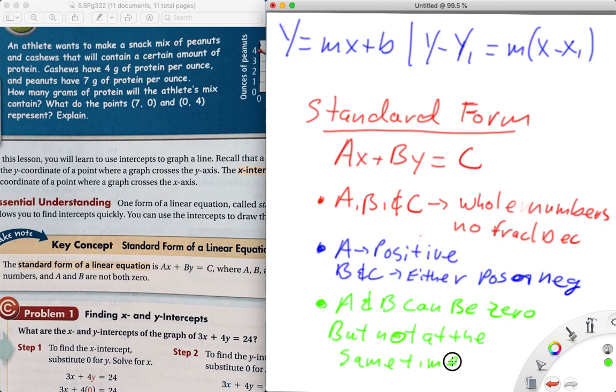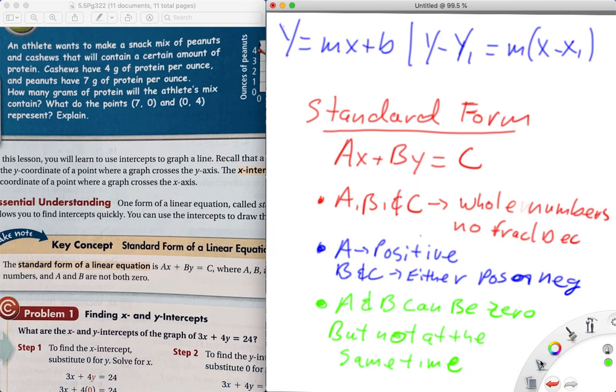Alright, those usually are the conditions. A, B, and C are all whole numbers, no fractions, no decimals. A is positive. B and C can be either positive or negative. A and B can be 0, but they can't be 0 at the same time. And those are the conditions of standard form.